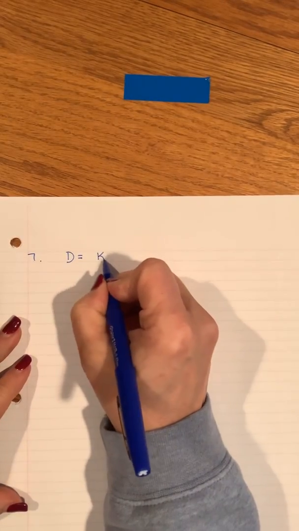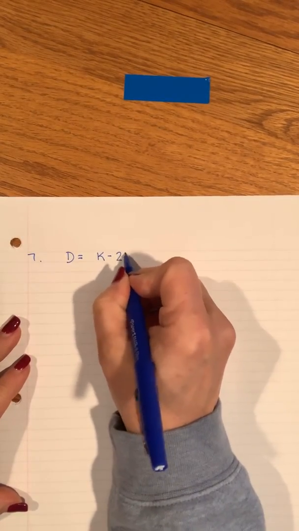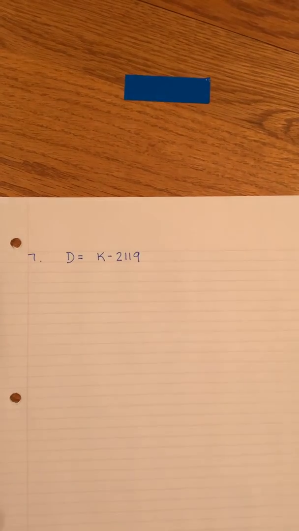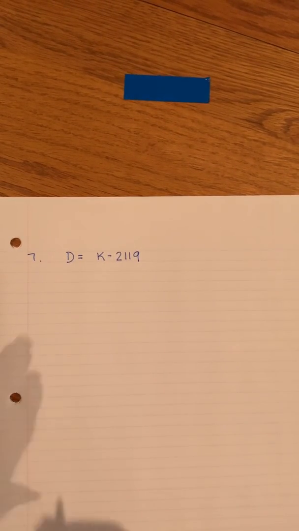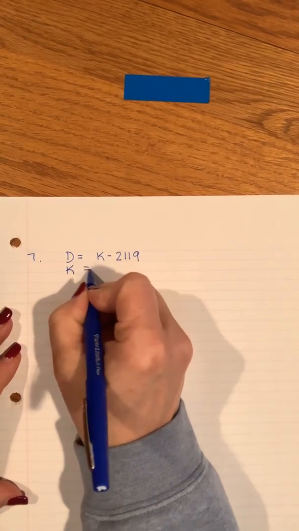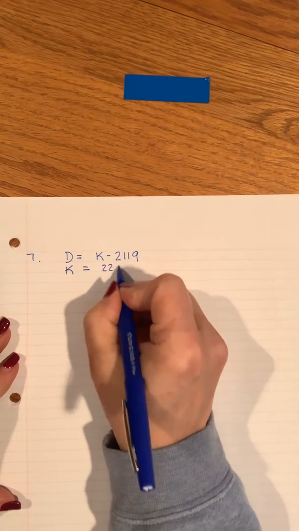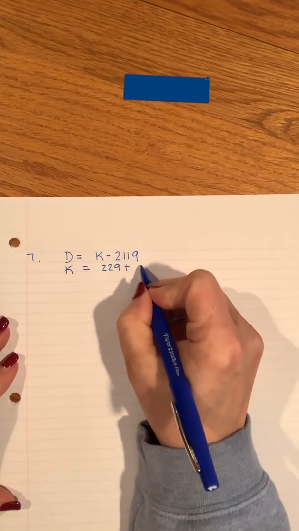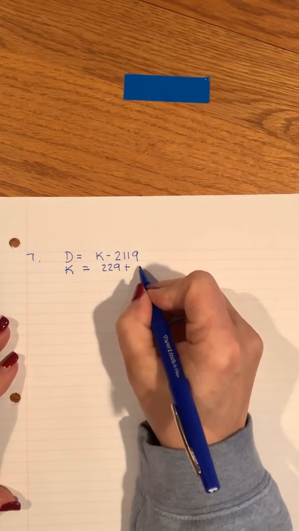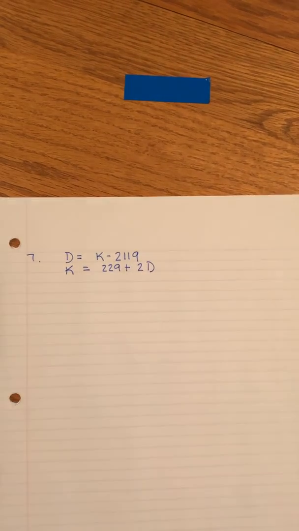So it's K minus, I'm probably saying that completely wrong. This is Deception Island, right? The height of Kilauea, K, is equal to 229 feet more than 2 times Deception Island. So it's 229 more than is a plus 2 times Deception Island.